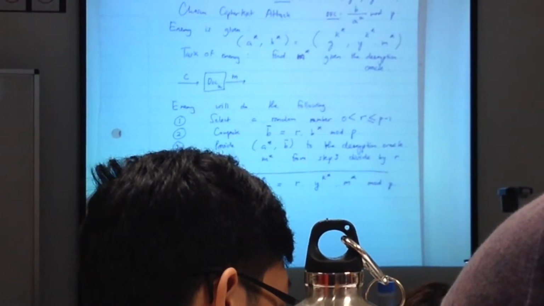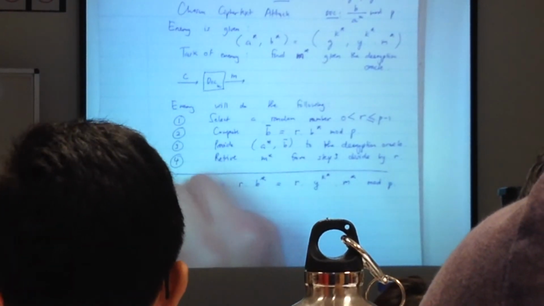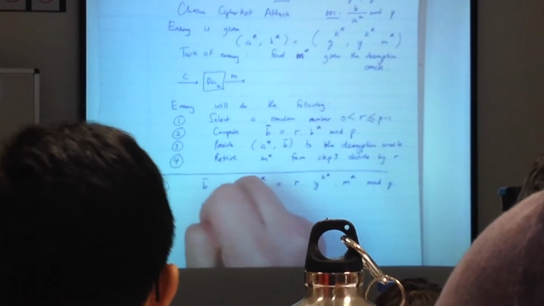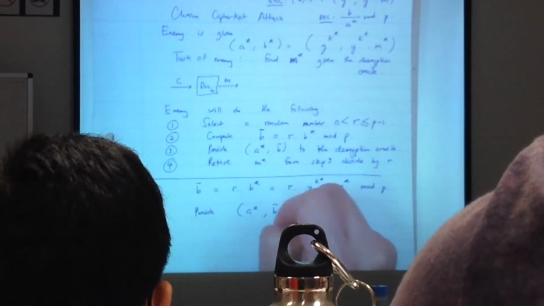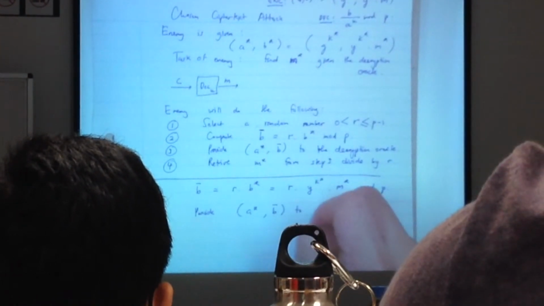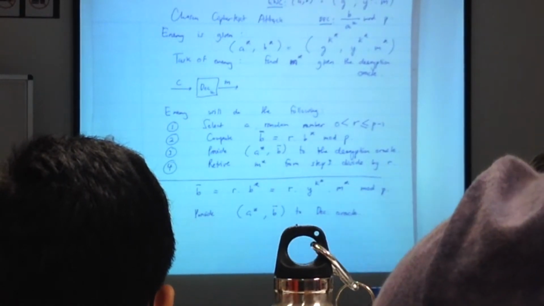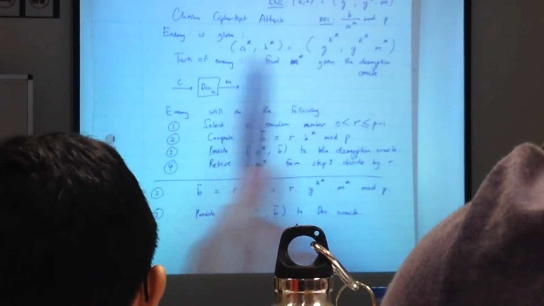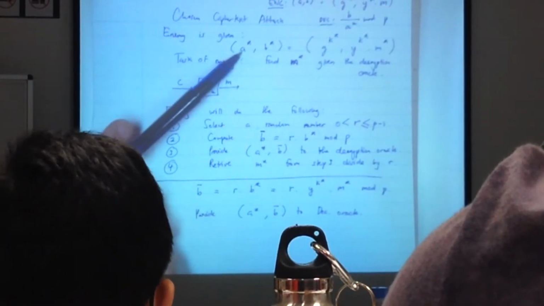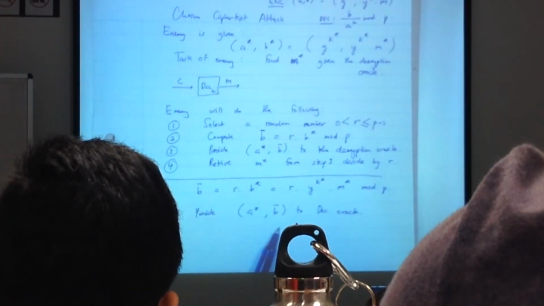So now, after we know what B bar is, we provide A star, B bar to the decryption oracle D. You can see that A star, B bar is different from the question that is asked. The question that is asked is A star, B star. This one is A star, B bar. That means the decryption oracle will decrypt this.